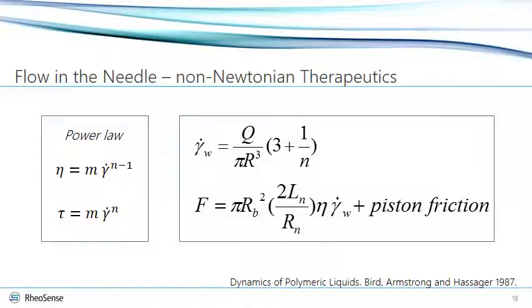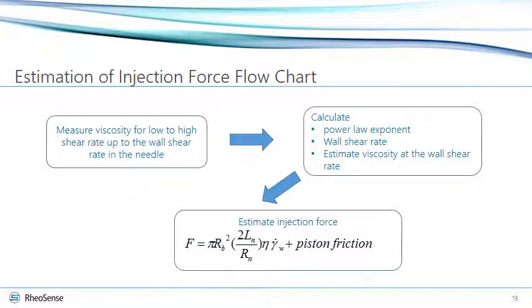This is going to result in the same shear rate as for Hagen-Poiseuille flow for n equal to 1, a Newtonian fluid, and in larger shear rates for lower n in non-Newtonian shear thinning fluids. Once the shear rate is known, we can use our viscosity measurements to establish the viscous contribution to the injection force.